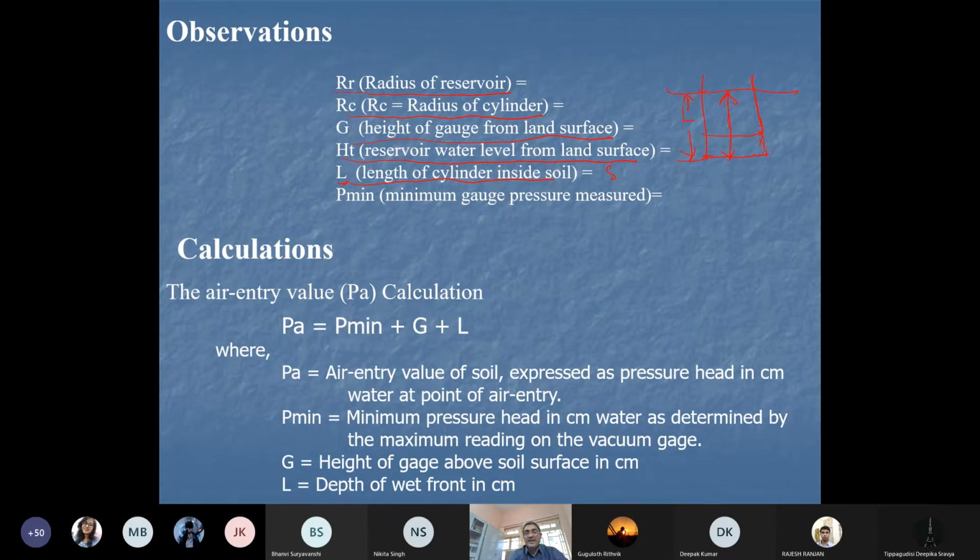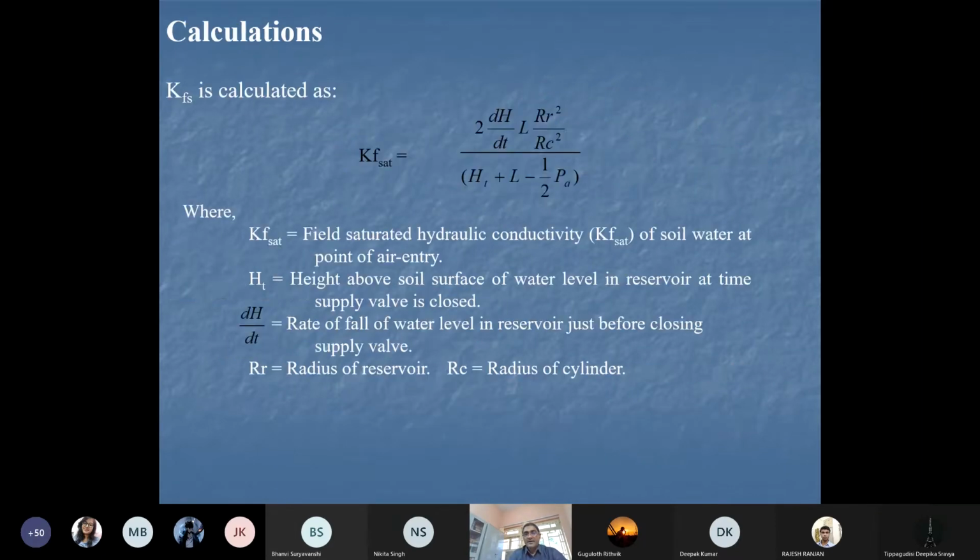So air entry value for calculation is simply P, the minimum vacuum gauge reading, plus G, that is the height of the gauge from the soil surface, and L is simply the depth of wet front in centimeter from the ground surface, right?